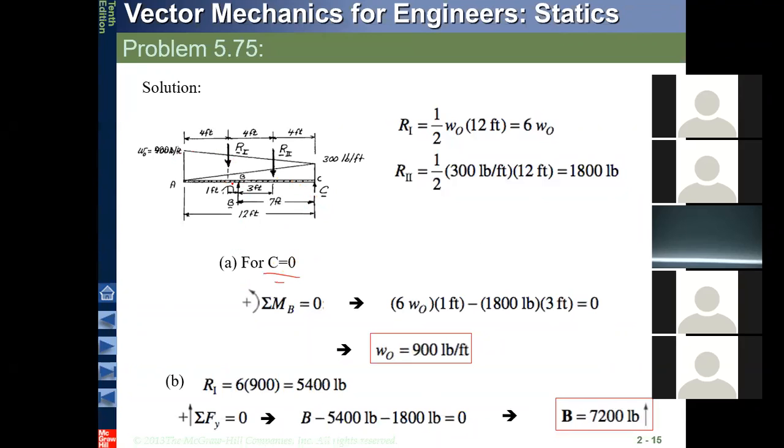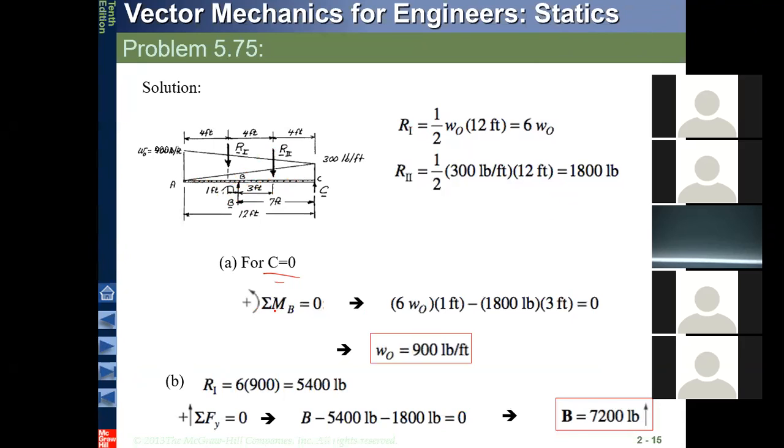And then, if you want to calculate W naught, then you have to calculate the moment about point B, because otherwise any other point that you consider on this beam, you're going to have a moment for By and Bx around that point, and these two forces are unknown. So it would be easier to calculate the moment around point B to eliminate all the unknown forces.